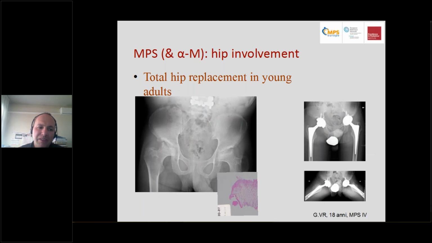And sometimes it can be quite easy to do a total hip replacement, like I did in this patient. It's a Morquio patient, by the way.